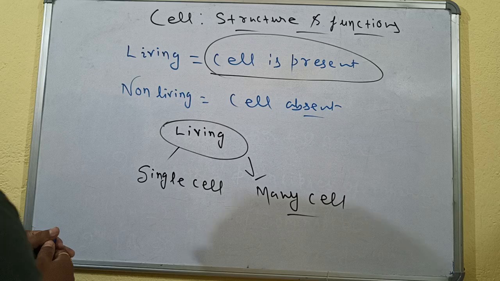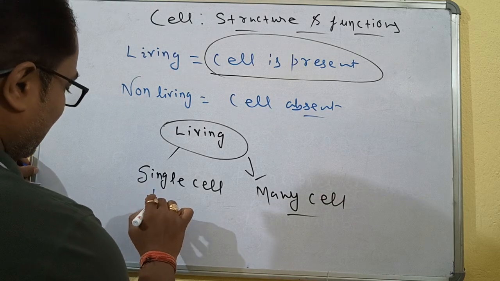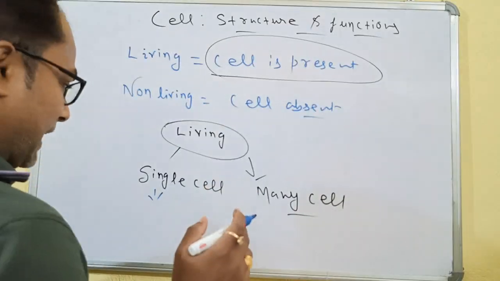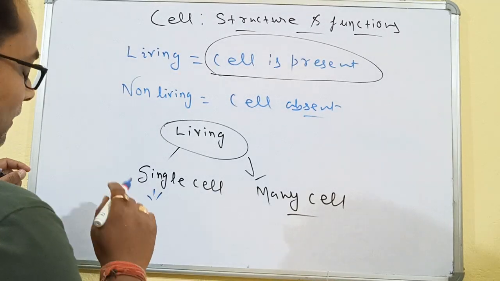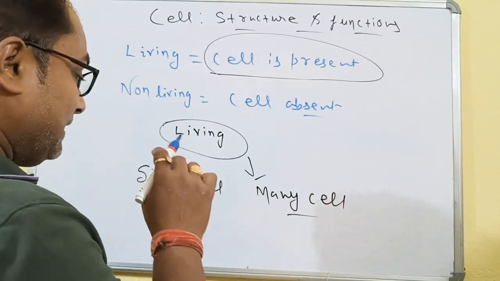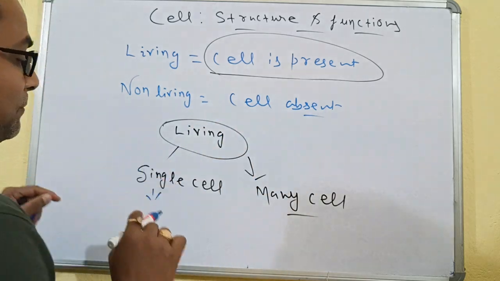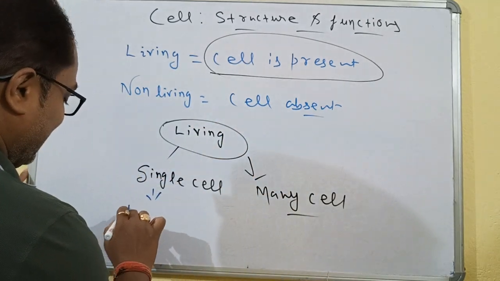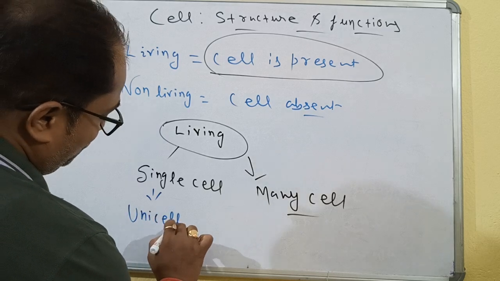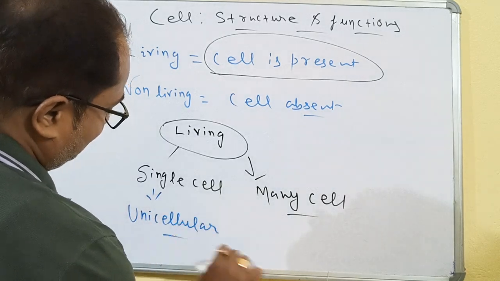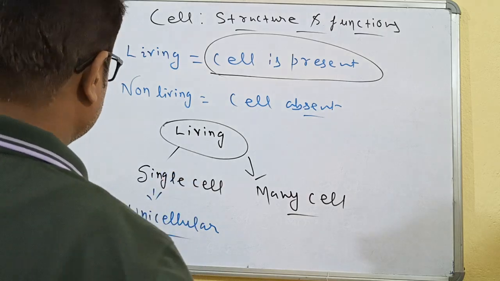In a single cell, those organisms which have a single cell are known as unicellular. What do you mean by single cell?